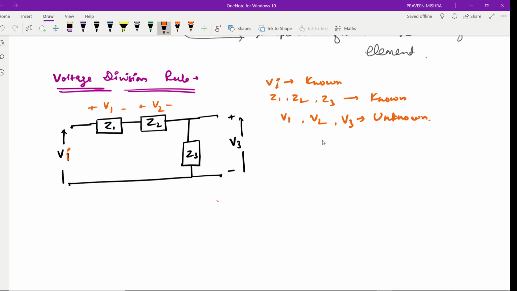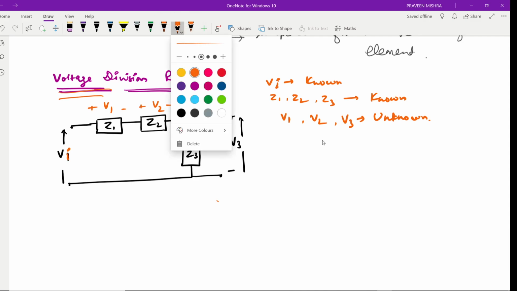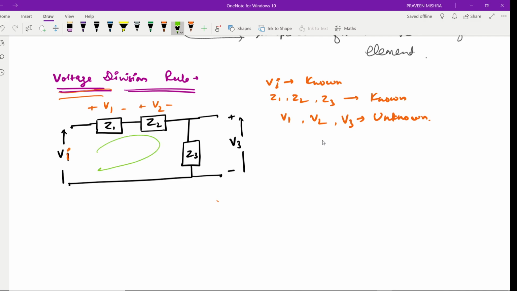Then how will you find them? By applying voltage division. First, what do you have to do? You just have to apply KVL in this network. First sign is minus VI plus, if you consider this one is the current, I into Z1 plus I into Z2 plus I into Z3, it will be equal to 0.